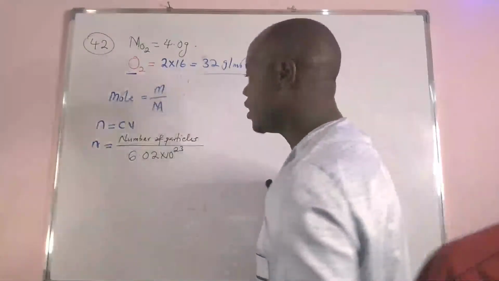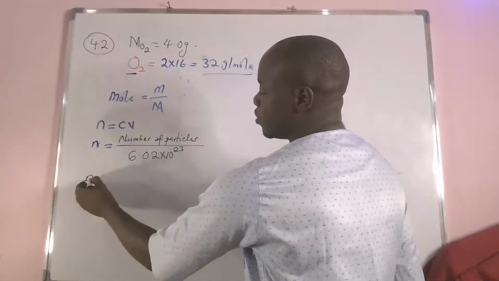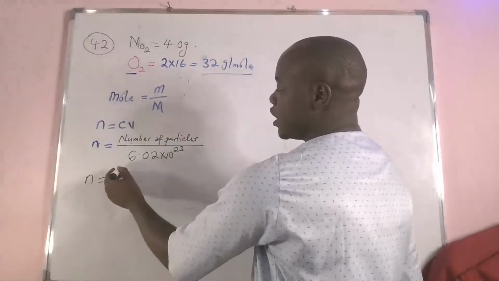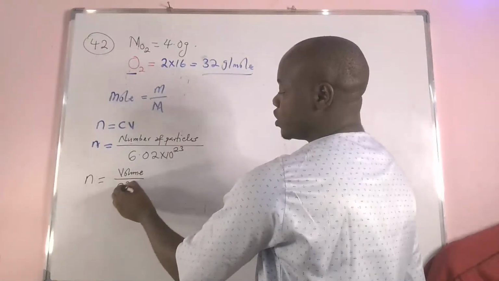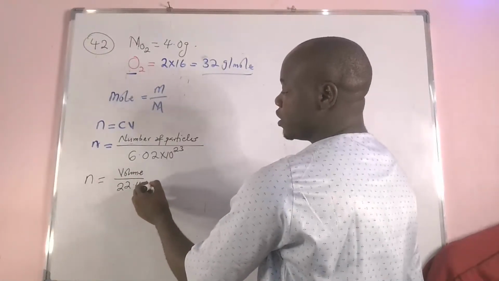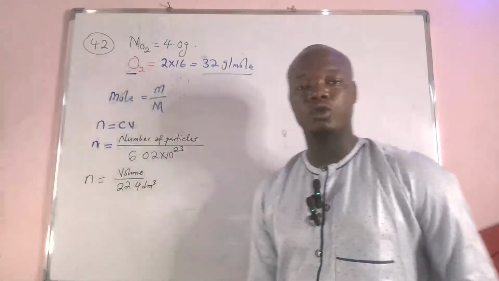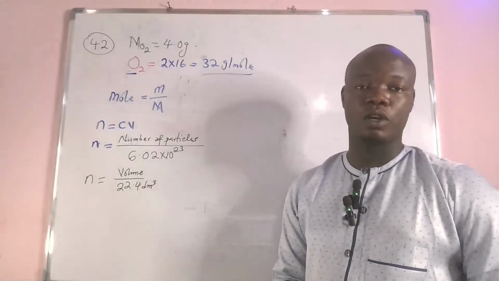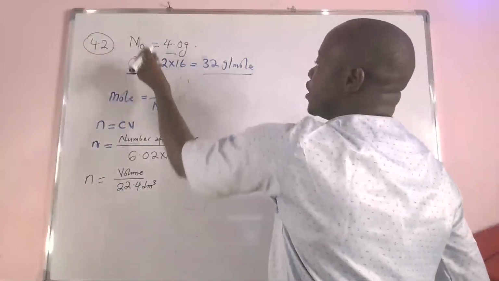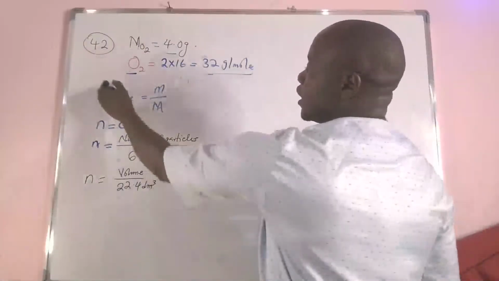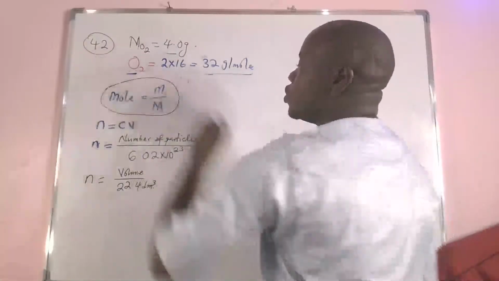And then we also have a formula that says mole is equal to volume over 22.4 dm cube. So this one is also a formula that you can use to calculate mole. But since we are given mass already and we have the molar mass, this is the best formula to use here.